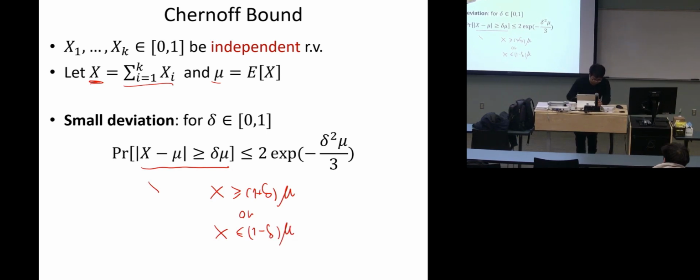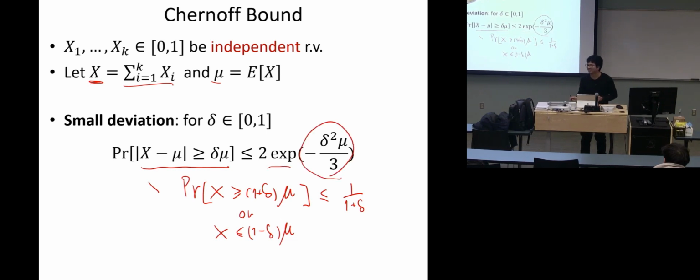If you just used the Markov bound here, you would get that this is at most 1 over 1 plus delta, just something weak. But here, you get something like e to the something, which is exponentially small.